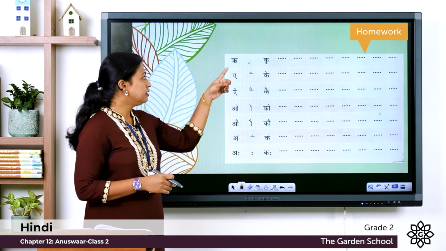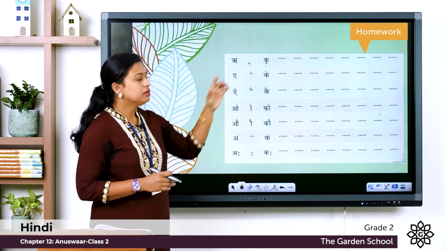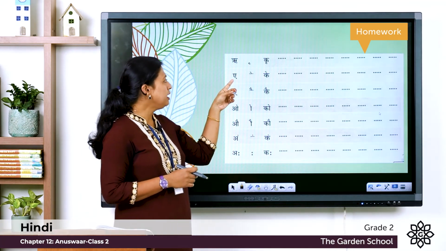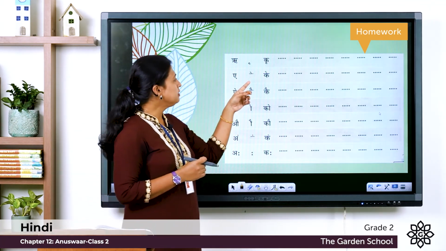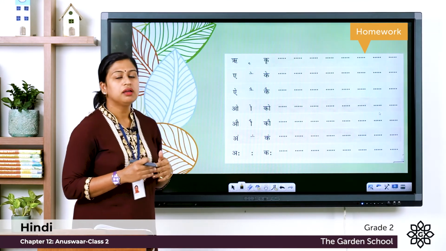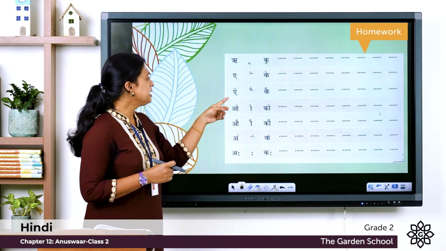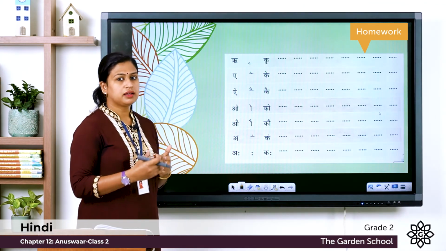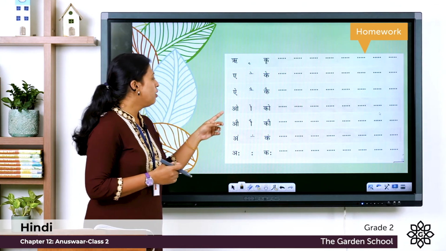Next one is Ri, and when we add this Ri symbol to ka, we say kr. Next one, A, and when we add this A symbol with ka, we say ke.